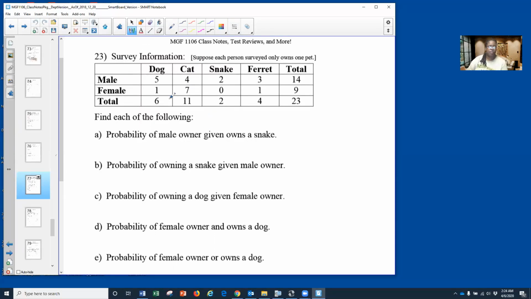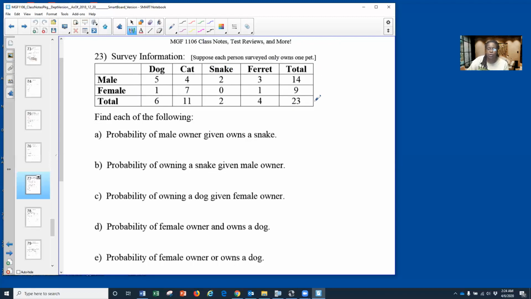So let's kind of talk about what's happening. We have this survey information. We want to suppose that each person surveyed only owns 1 pet, right? You have males, females in your total columns. Now remember, when you're dealing with probability, totals matter.